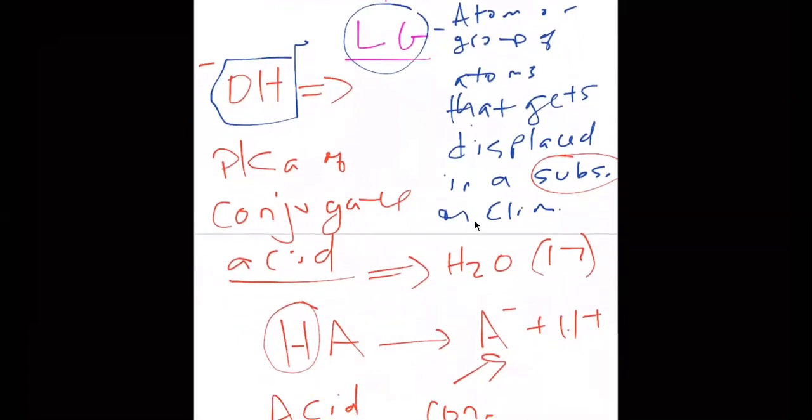Anybody remember what factors dictate leaving group ability or stability, from part 1 when you were doing pKa and conjugate acids and conjugate bases?